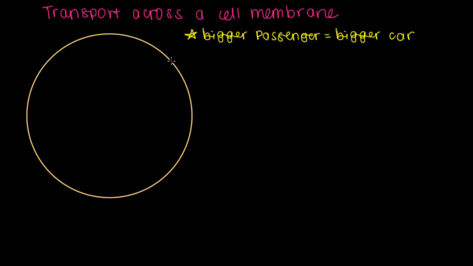So the first example of a transport mechanism I want to talk about is just a simple potassium leak channel. And you might be wondering, why do we call it a leak channel? Why do we not just call it a regular channel? Well, the reason is that potassium has a large concentration inside of our cells. In fact, there are more potassium ions found inside of our cells than outside.